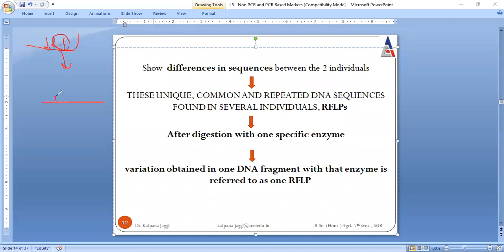If I say this is a second restriction enzyme, then whatever variation will be produced in this second DNA will be called the second RFLP with concern to this restriction endonuclease.